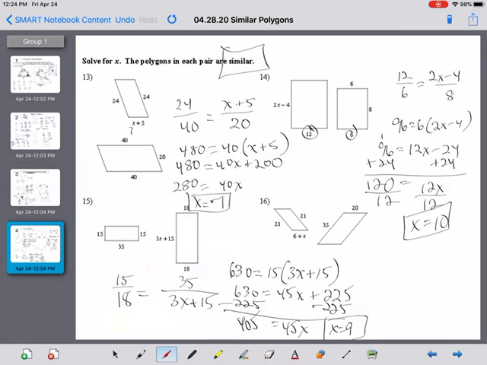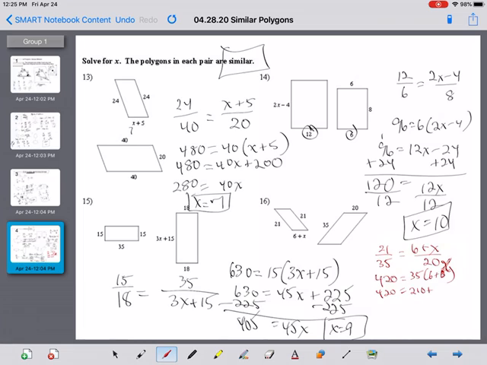Here, I'll just change the color since we're running out of space. So the 21 corresponds to the 35, and the 6 plus x corresponds to the 20. Cross multiply. 21 times 20 is 420 equals, distribute, 35 times 6 is 210.